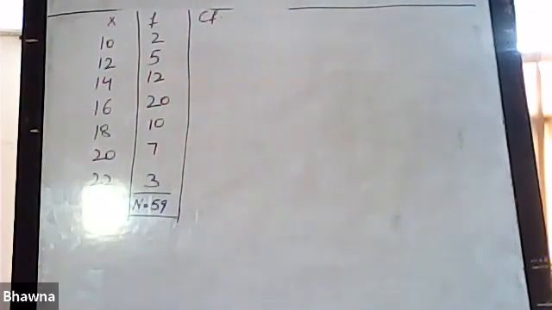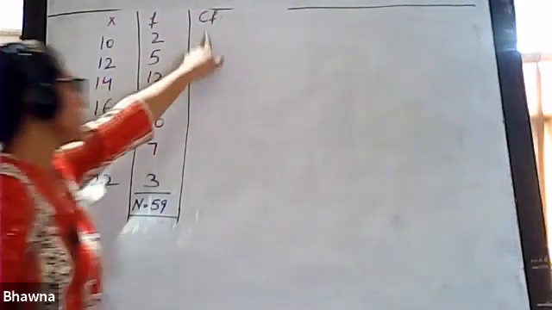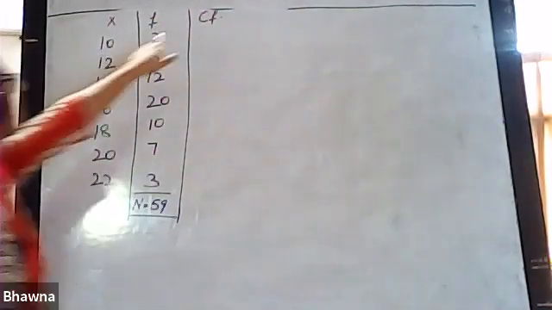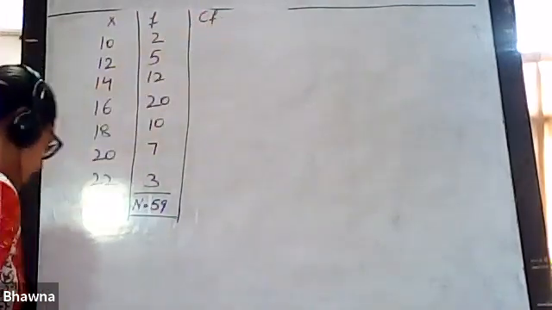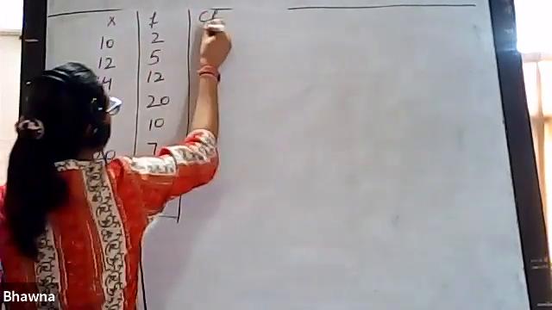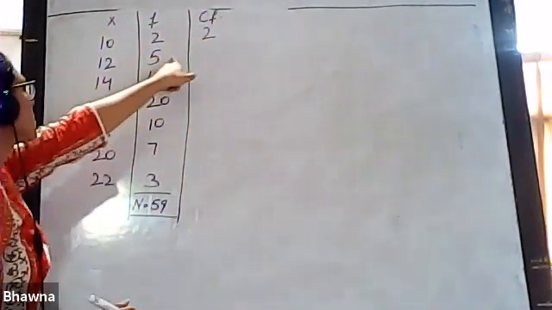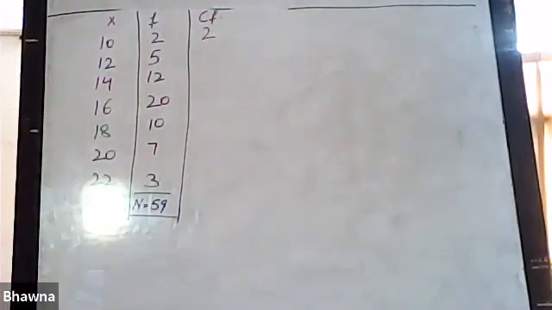So now we have to calculate the cumulative frequency, that is CF. How can we calculate the cumulative frequency? The first item of the frequency we write the same. After that we add: 2 plus 5, we write 7.